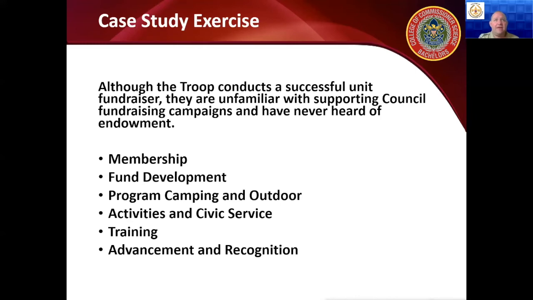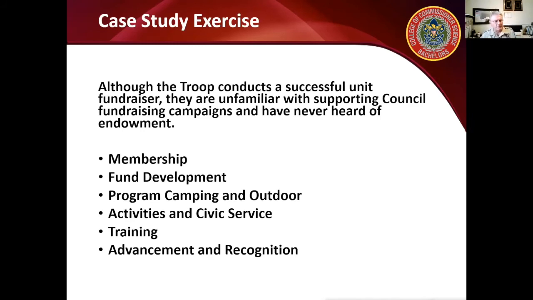Any other comments on the Fund Development Committee? Yeah, this is a great way that people can donate funds when people pass on, or have some funds that they may not need anymore. They can dedicate them.